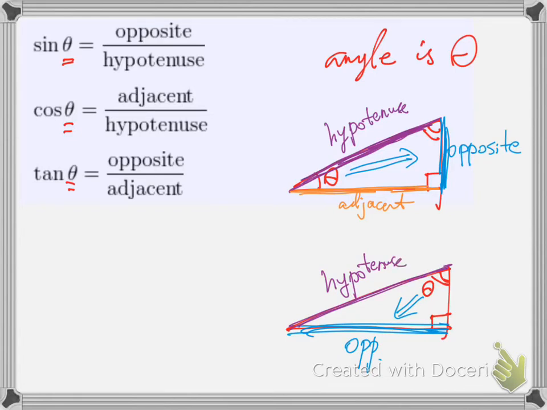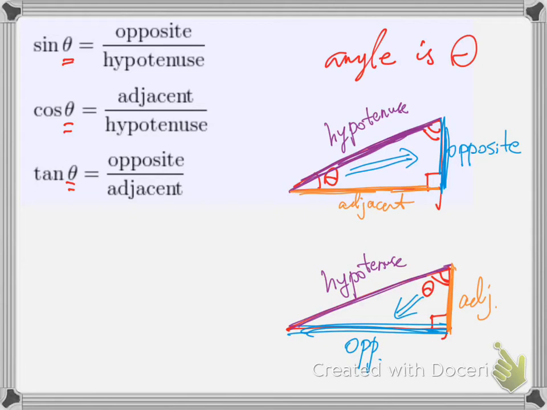But this time the orange side is the vertical side. So this is the adjacent side. So it's based on the angle. First you have to decide which one is opposite, which one is adjacent, which one is hypotenuse.